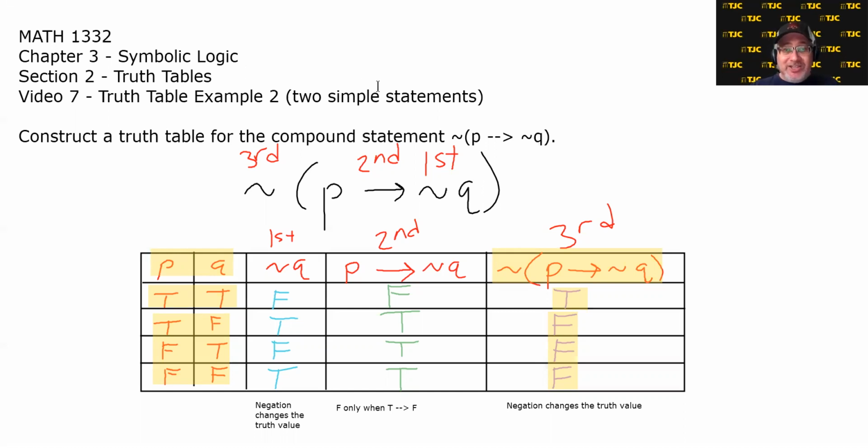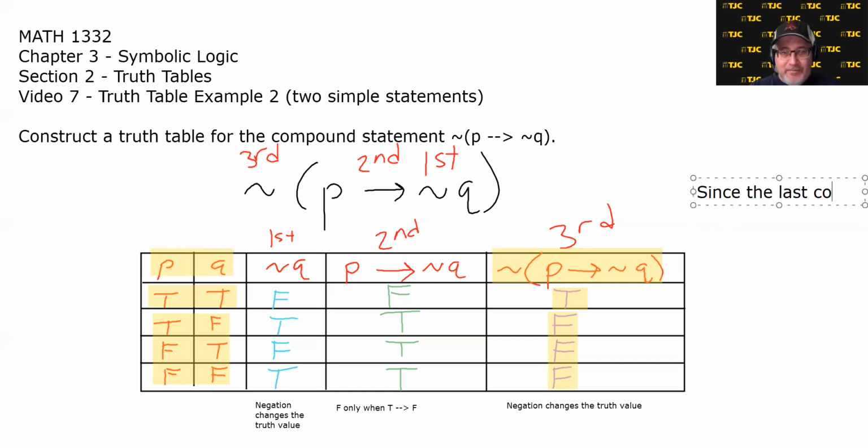So because this last column of this truth table is the same as the last column of the truth table for conjunction, we can definitively say the following. Now I'm about to use a phrase that I haven't defined yet, but by the time we get to it, I bet you can define it for me.